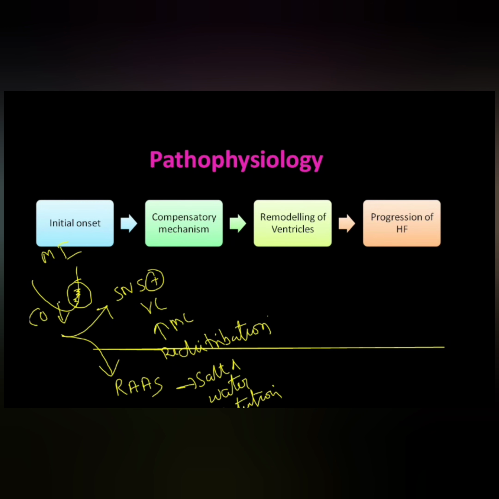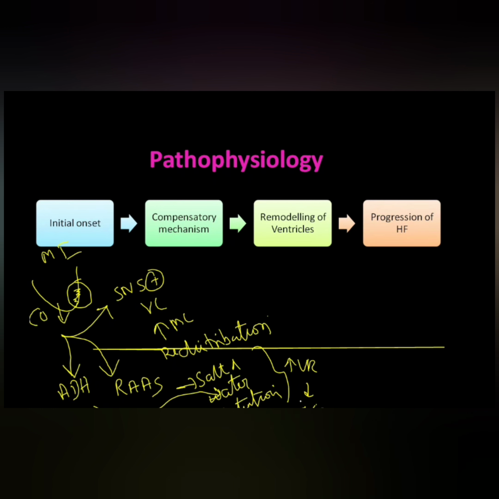On top of it, it is also going to cause activation of your antidiuretic hormone. This is also going to result in water retention. So whenever you have salt and water retention, this is going to increase your venous return, which is going to increase your cardiac output. So the person can be temporarily free of symptoms, can be asymptomatic for some time.